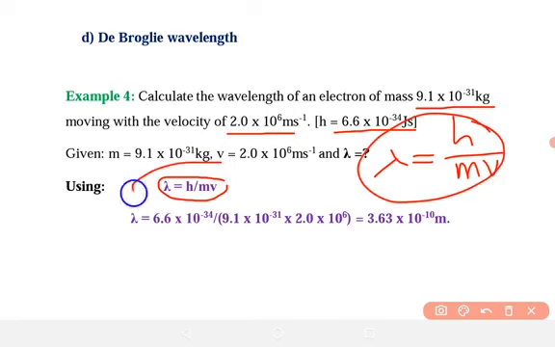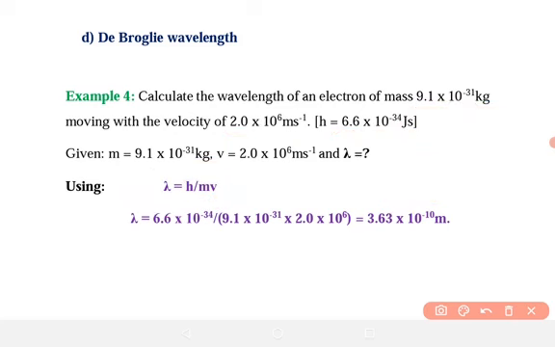We can just substitute all our values. So lambda will be equal to the value of h given in the question over the product of m and v, that is the mass of the electron and the velocity of the electron, and that will give us 3.63 multiplied by 10 raised to the power minus 10 meter.